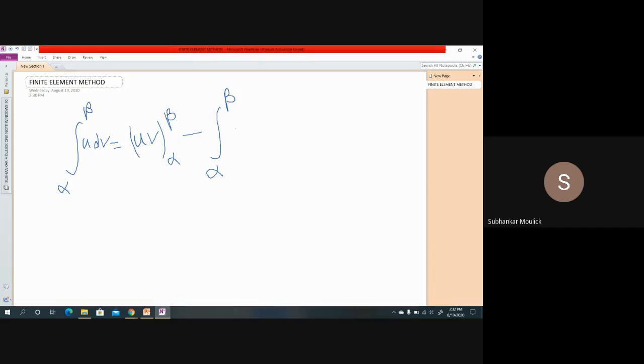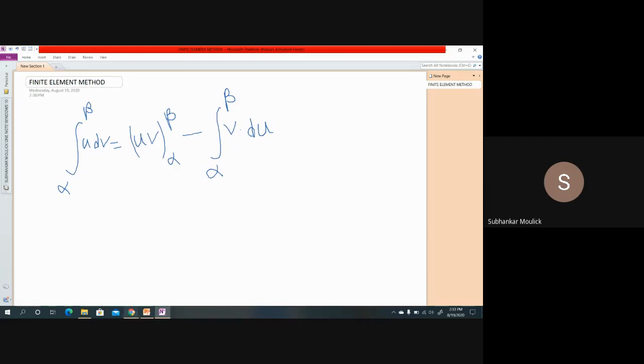Differentiation of first term, which is du, into integral of second term. Integral of dv will be v. So v into du. Can I write like this by integration by parts? Yes or no? Yes, sir. I can write it, right?